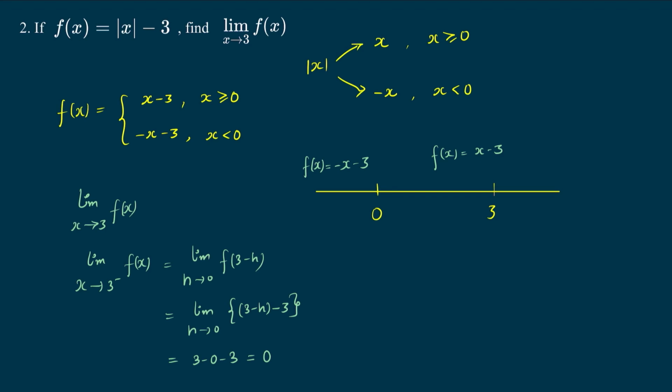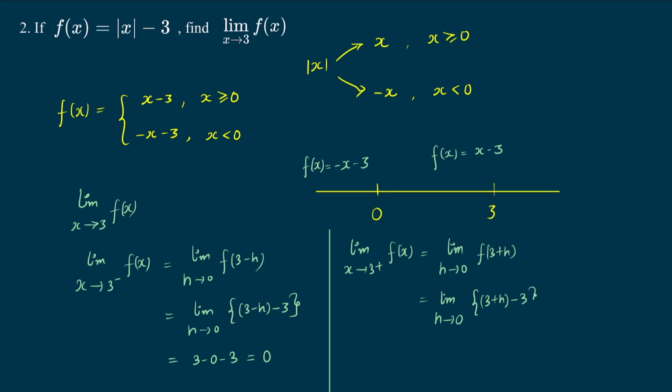Okay, similarly let me find the right hand limit now. Limit x tends to 3 plus f(x) equals limit h tends to 0 f(3 plus h), and as we approach 3 from the right hand side we have the same function x minus 3 only, so it will be 3 plus h minus 3.